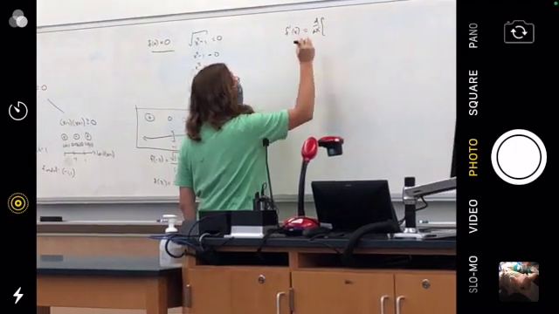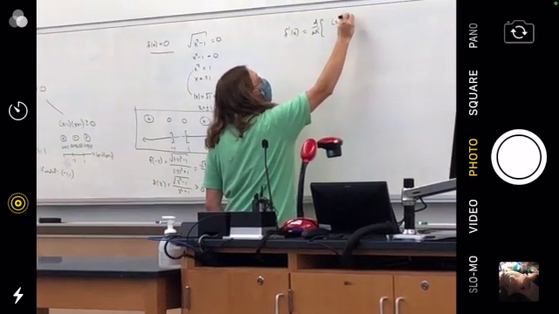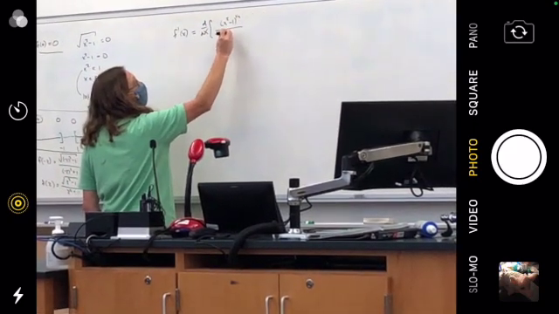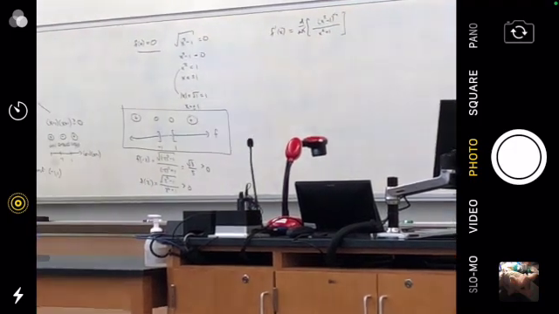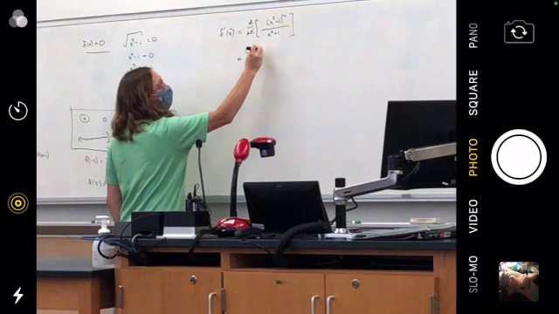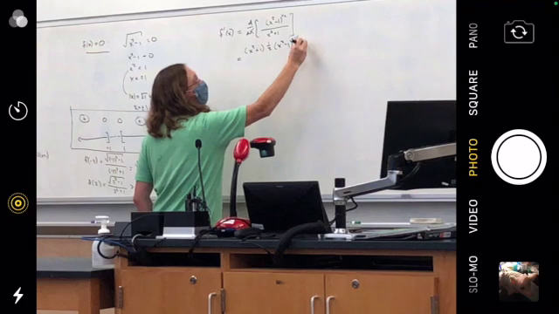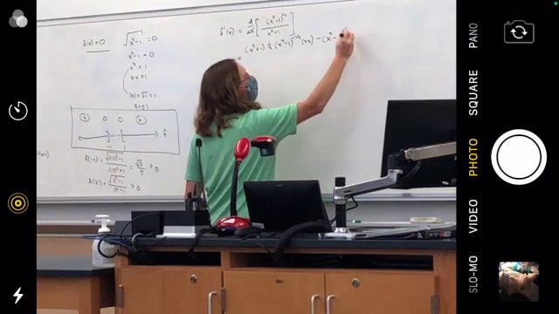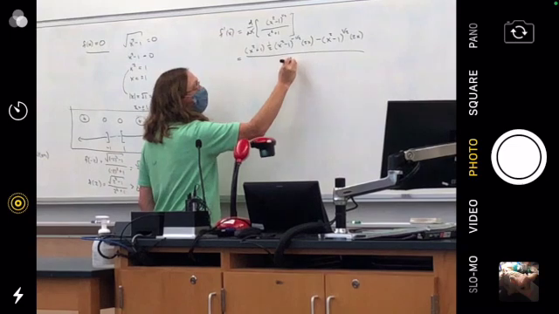Need another derivative? So I need to find the derivative of square root of x squared minus 1, divided by x squared plus 1. So this would be what? Bottom times the derivative of the top, minus the top times the derivative of the bottom, divided by the bottom function squared.